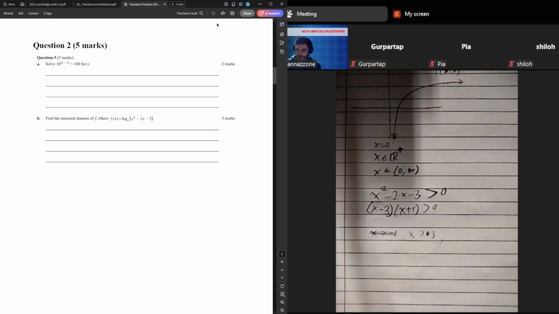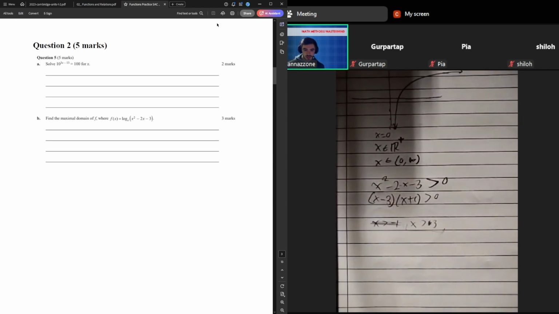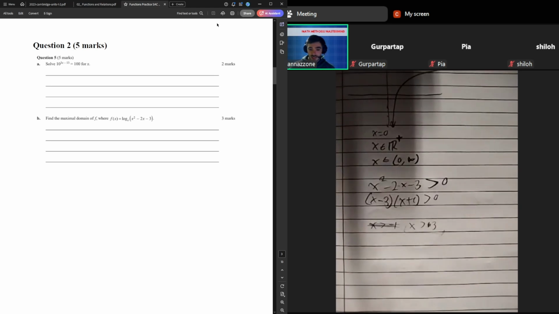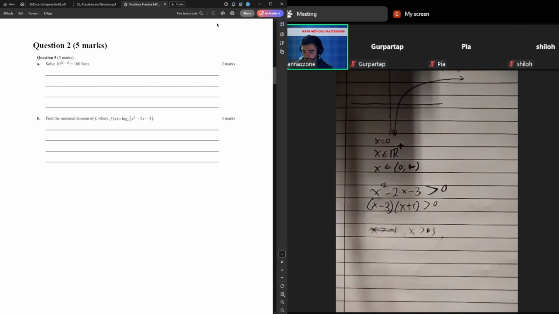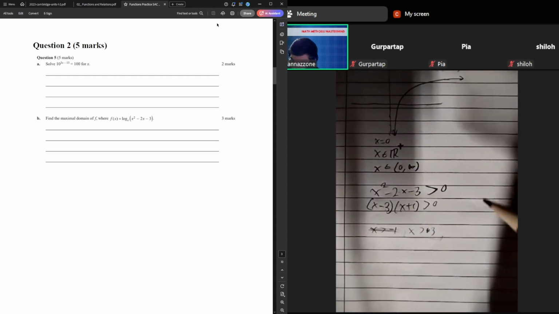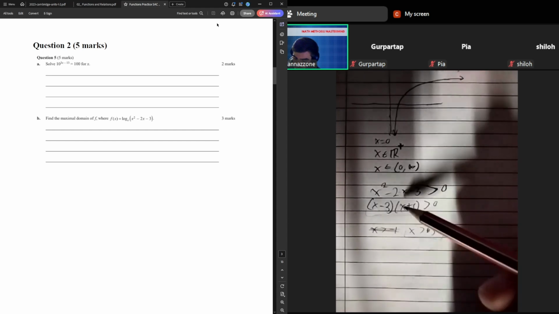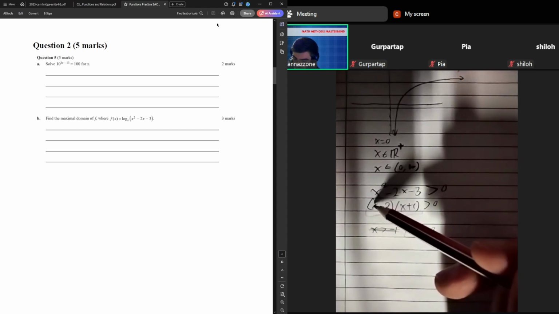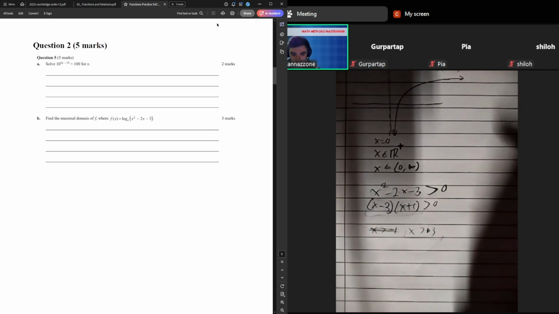The only challenge here is it's not a stock standard null factor law, because when you're doing inequalities, you are allowed to have things that are positive, not necessarily just equal to 0. If we just did x greater than 3, that would still be positive. If I plug in x equals 4 here and 4 here, positive times positive is positive, we're all sorted.